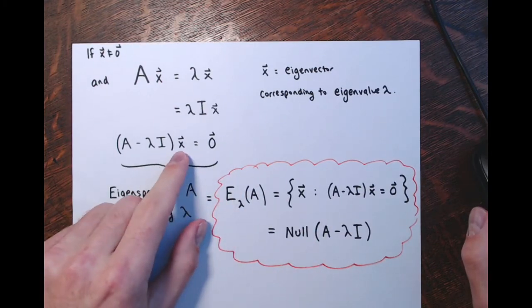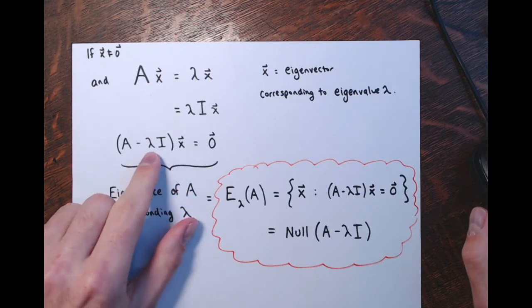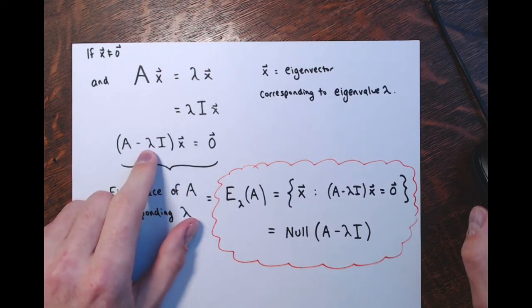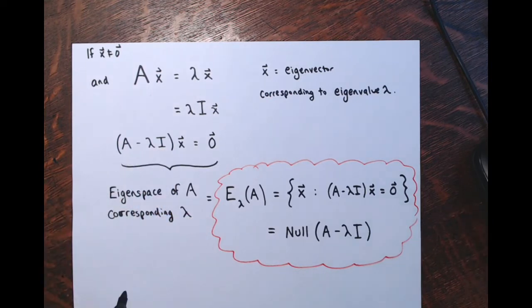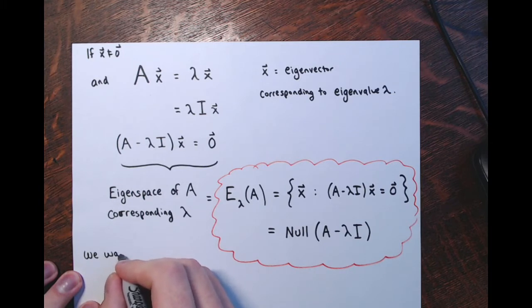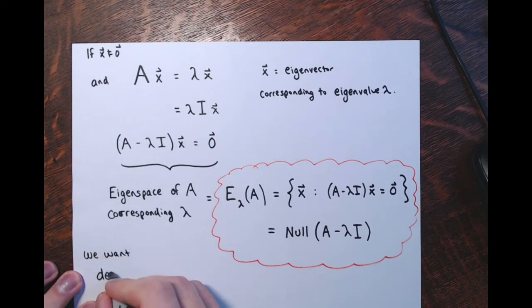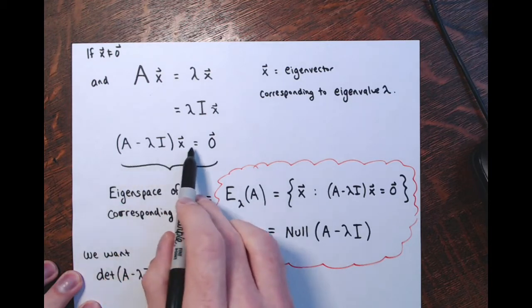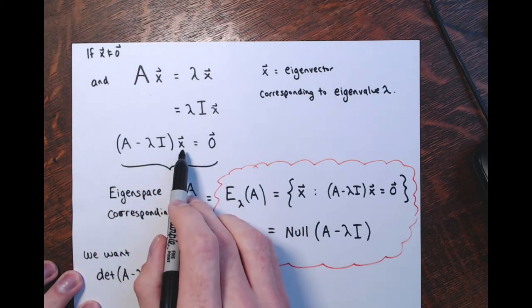Remember, these eigenvalues are set up so that we want the determinant of A minus lambda I to be equal to 0, so that this equation has more than just the 0 vector as a solution.